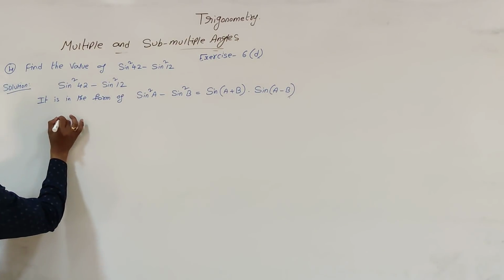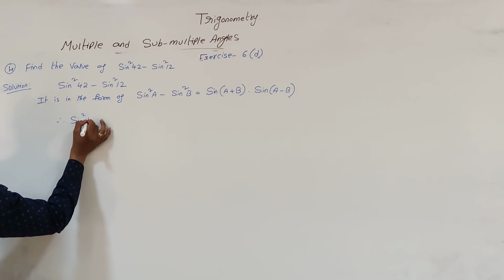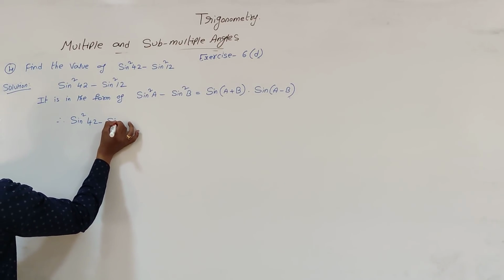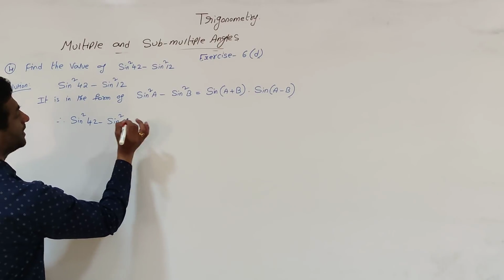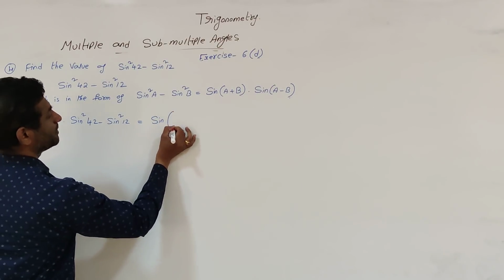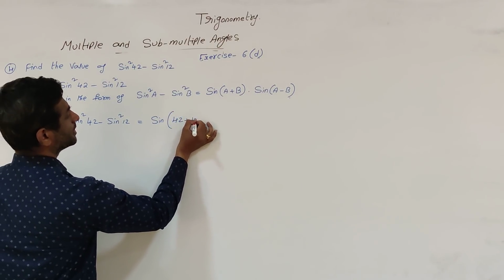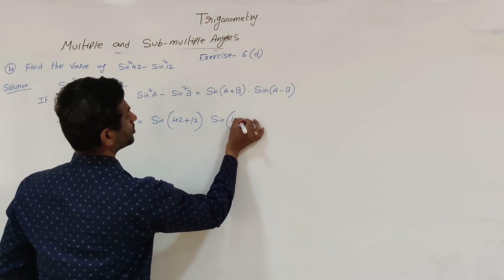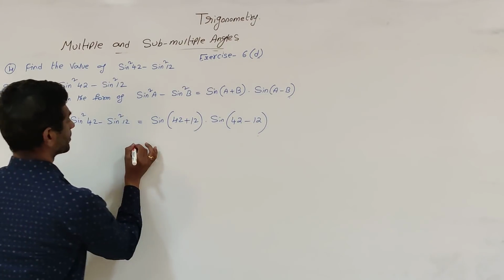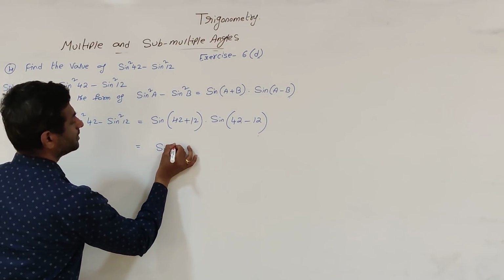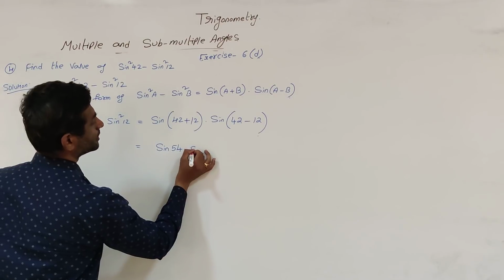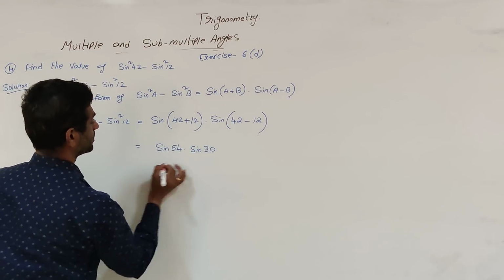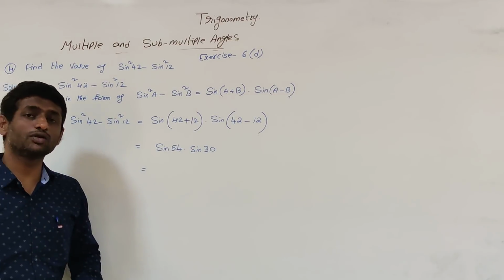It is sin of A plus B into sin of A minus B. So therefore, sin square 42 minus sin square 12 will be sin of A plus B, means 42 plus 12, into sin of A minus B, 42 minus 12. So it gives sin 54 into sin 30 degrees. But just now we have seen the value of sin 54.